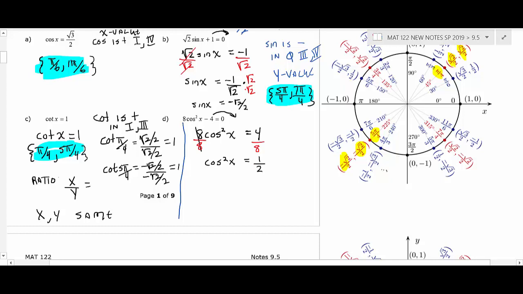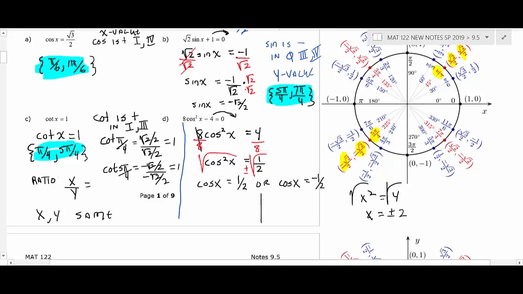Okay, now what do you generally do? Like if you had the equation x squared equals 4, what do you do? Well, you know that you take the square root of both sides of the equation, and you get a positive and a negative answer. So you're going to do the same thing on this, and it's real important that you're cautious about that plus or minus. So this would give a cosine of x is equal either to 1/2 or a cosine of x is equal to negative 1/2.